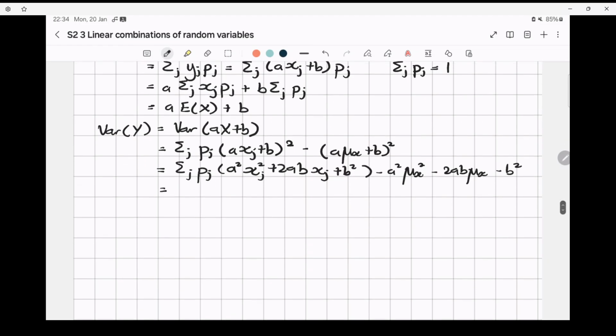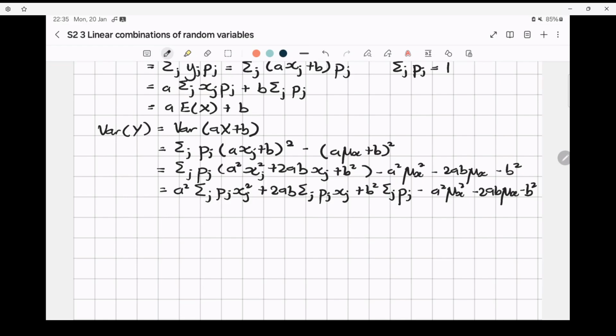Now you multiply everything, and the summation sign can be separated through the plus signs. In the end you will have a squared, a constant which I move out, times the sum of p_j x_j squared, plus 2ab times the sum of p_j x_j, plus b squared times the sum of p_j, minus a squared mu_X squared, minus 2ab mu_X, minus b squared.